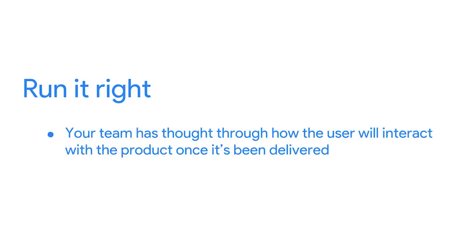And finally, in addition to building the right thing and building the thing right, you have to make sure that you're running it right. To run it right means that your team has thought through how the user will interact with the product once it's been delivered. Make sure your team thinks through some of the operational tasks that will need to be addressed after the product has left the door. Ask the following questions.